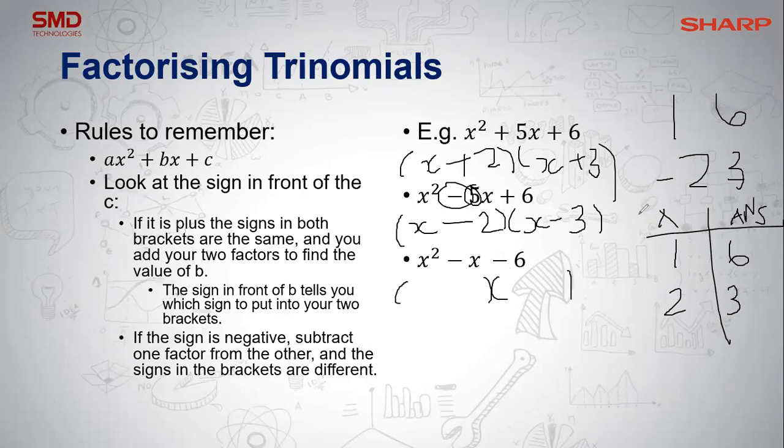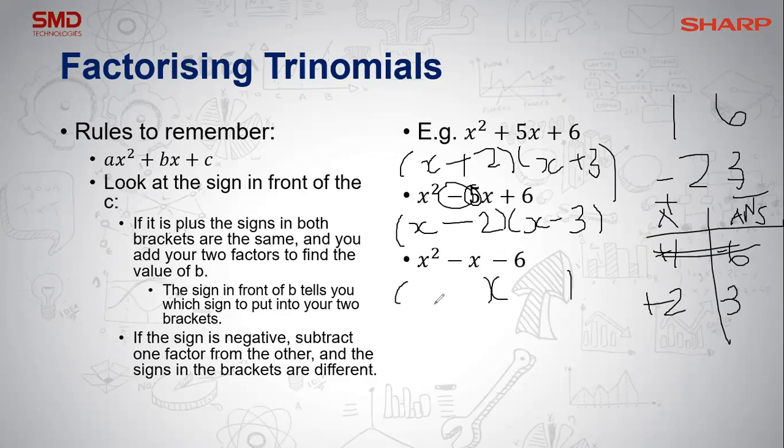And that means my signs on my columns are also going to be different. So I'm going to pull this column plus and this column minus. So here I have plus 1 minus 6 gives me minus 5. That is not my middle term, so I can ignore those. My next one is plus 2 minus 3, which gives me minus 1, which is my middle term.